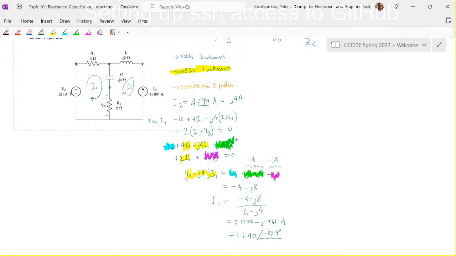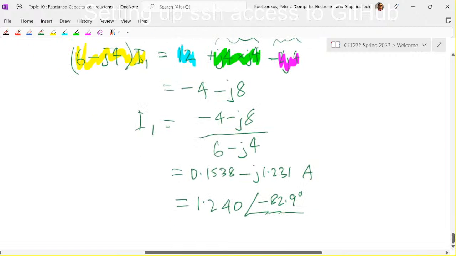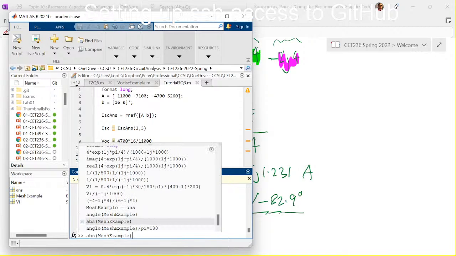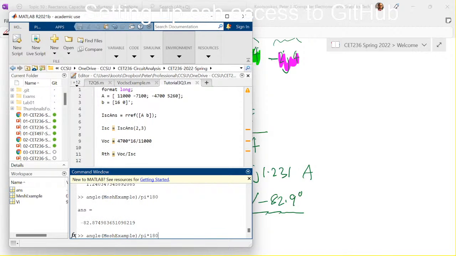Okay. Next week. Sorry, yeah. Where I did the angle part. Okay, so the function angle will give you what's called the argument, the theta of a complex number. But it gives you back the answer in radians.